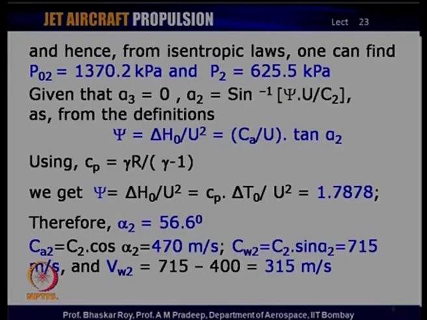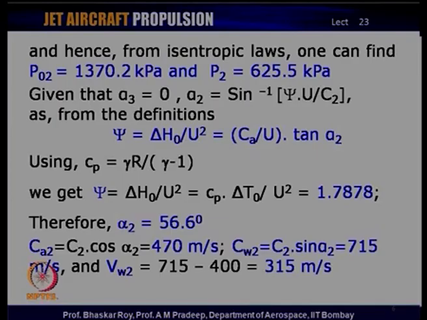Now, at station 3, it is given that the exit angle alpha 3 is 0, and at station 2 it is prescribed that alpha 2 corresponds to sine inverse of psi into u divided by C2.